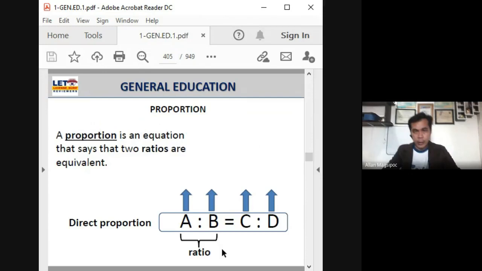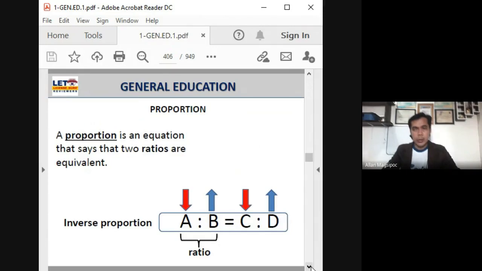In our example, we have here a direct proportion because we have two direct ratios. If A increases, B also increases. Same thing with this ratio here, C and D. If one increases, the other also increases. That's direct proportion.